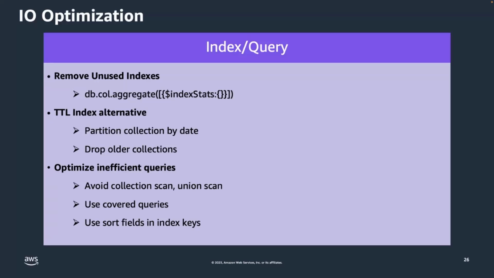To summarize, delete unused indexes to free up memory for the working set. Use rolling collections to reduce the IO operations required for deleting the expired records. Avoid collection scans and define indexes on highly cardinal fields to ensure high selectivity that results in less IOPS or fewer reads from the storage layer.